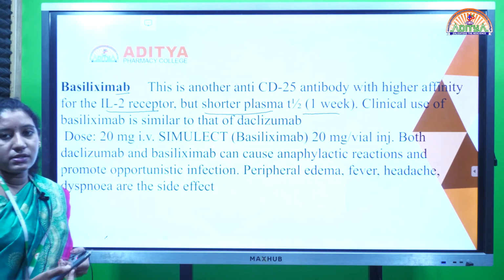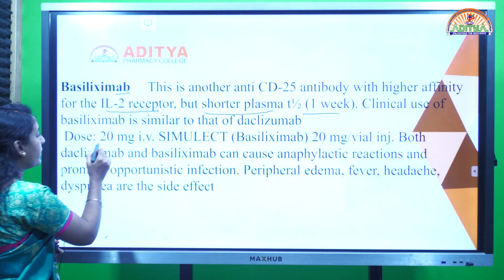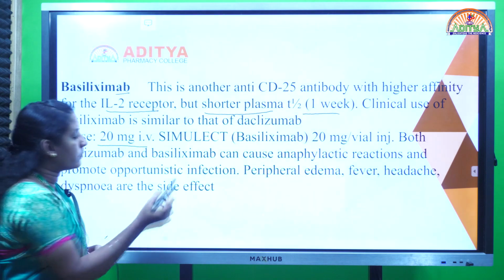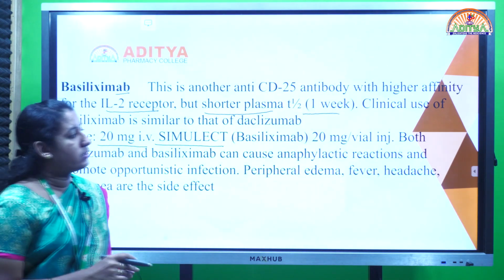The clinical uses are similar to the previous drug. Coming to the dose, it can be given as 20 mg through the IV route and it is sold under the name of Simulect, that is, 20 mg per vial injections.